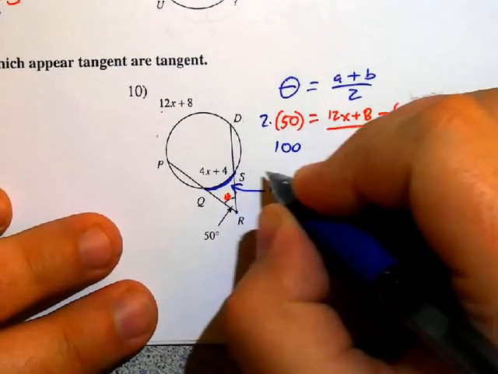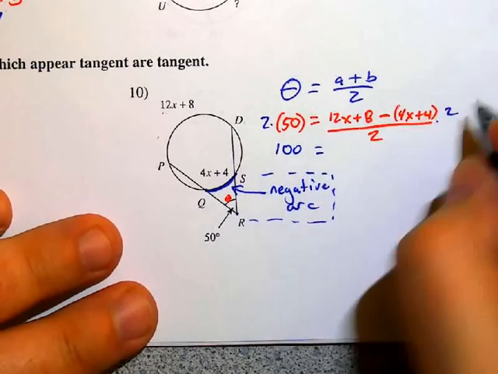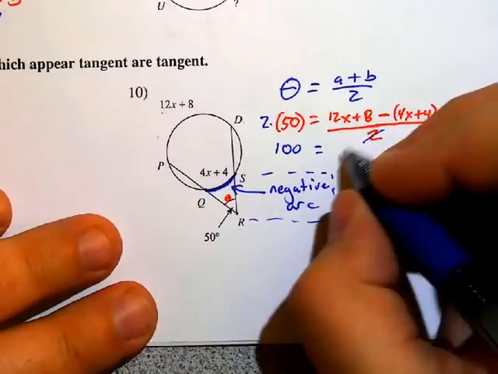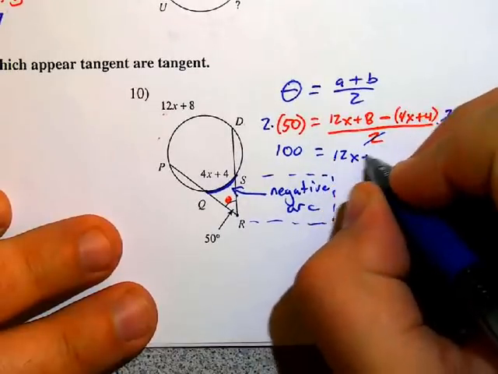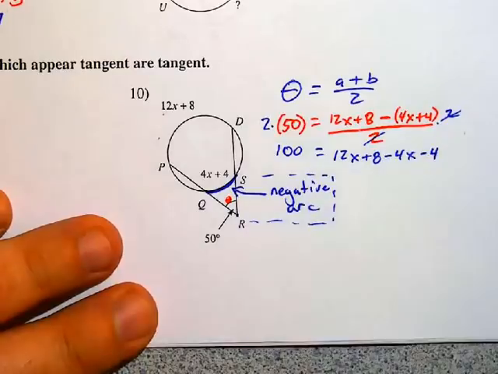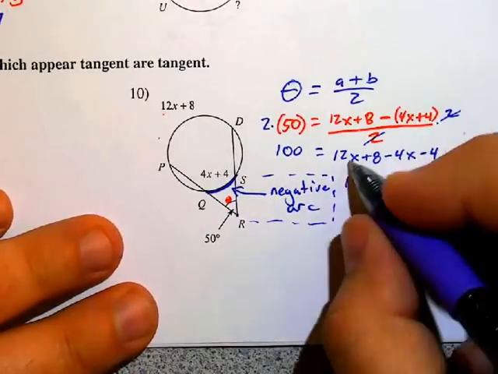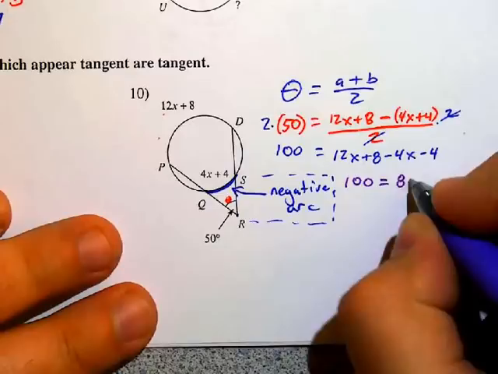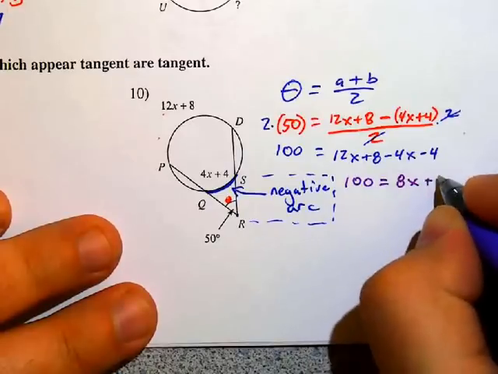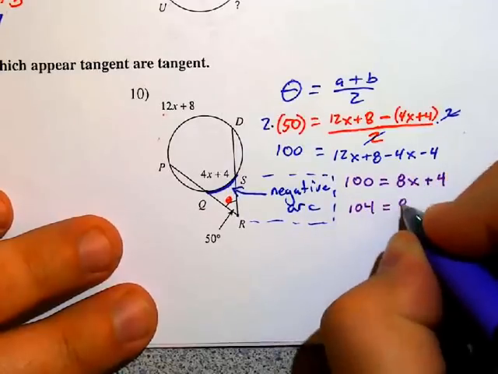Now the easiest thing here is to multiply both sides by 2, and we're going to get 100. 100 equals, this is going to reduce with that, and I'm going to get 12x plus 8 minus 4x minus 4. And so as I move around the corner here, I'm going to get 100 equals 12x minus 4x is going to be 8x. 8 minus 4 is 4.